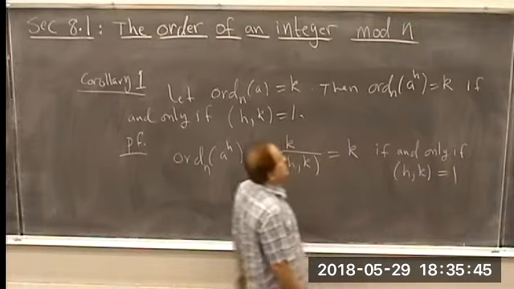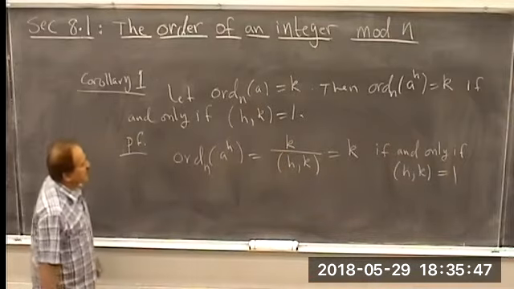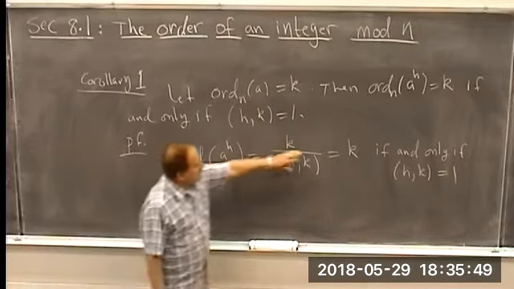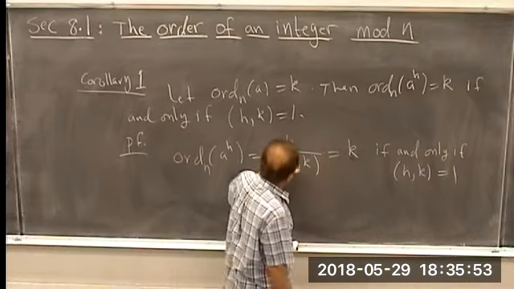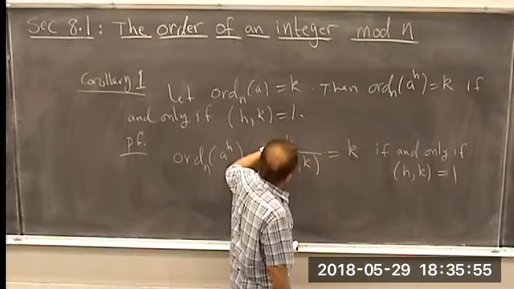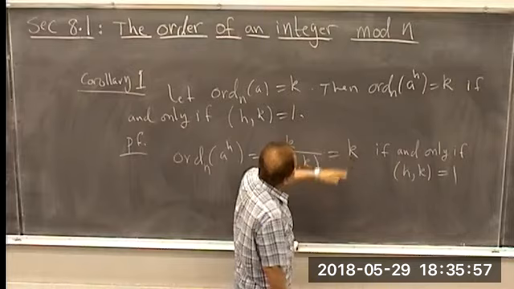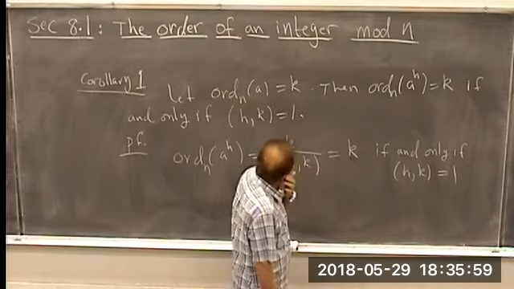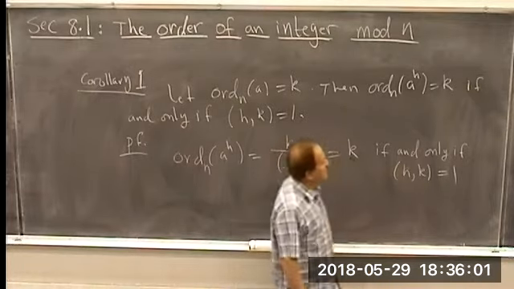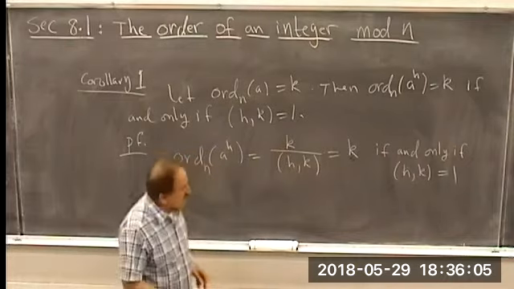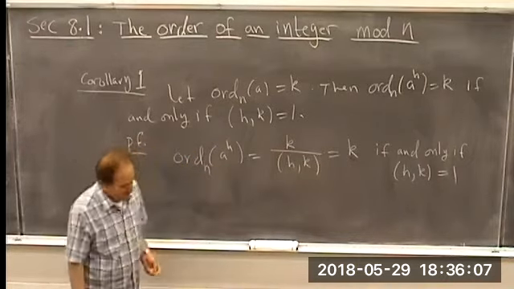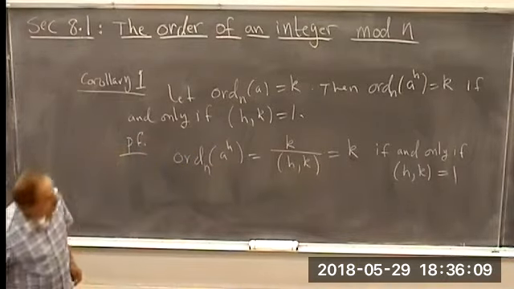And that's what this corollary is saying. This is equal to K because we have a fraction in here, equal to K if and only if the denominator of it is equal to 1. And this one means they are relatively prime. All right, let's look at another, more important corollary.